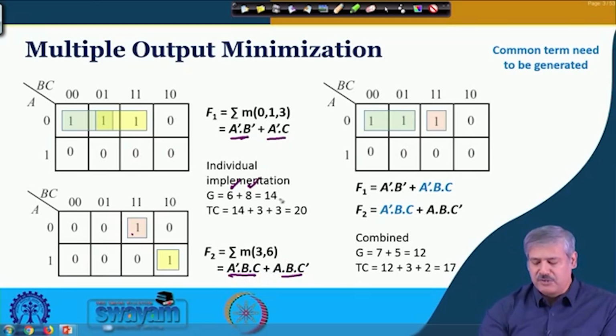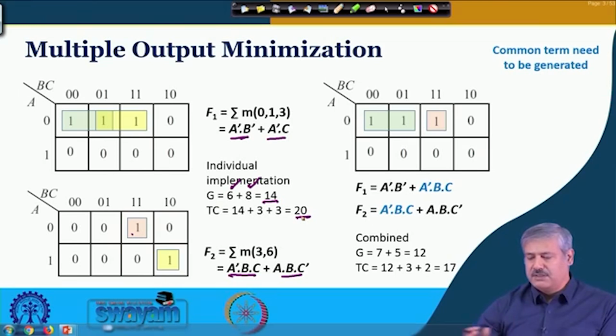So, this is the gate input cost, 14, right. And if you look at the total cost, 14 and 3 gates are used here, 3 gates are used there, so total 20. Okay. But since the common term over here is to be generated, you have no choice because the other term requires it.